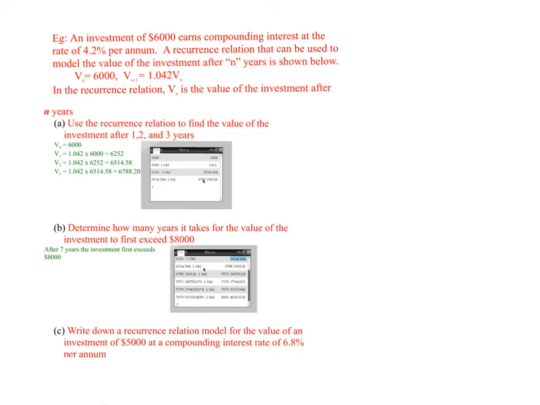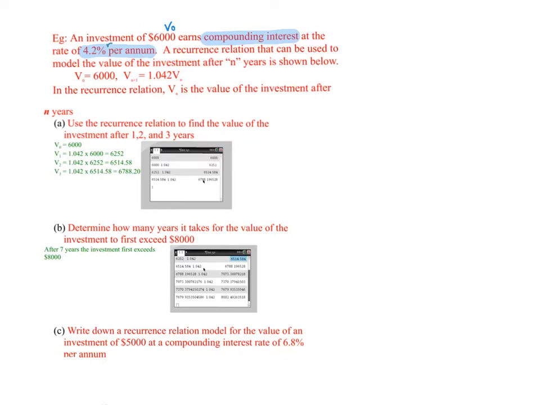So an investment of $6,000, so there's V0, earns compounding interest. So can you see there, that is telling you you're using compound interest. So when we have our summary sheet, we'll know to go to compound interest, yes? Okay, and at a rate of, can you see the 4.2 per annum? Remember how I said your little r will be given in per annum?